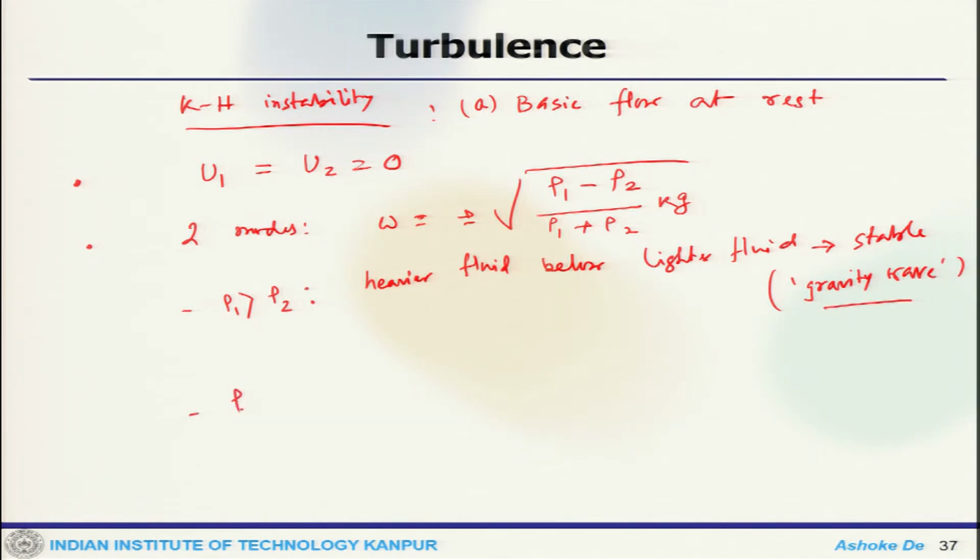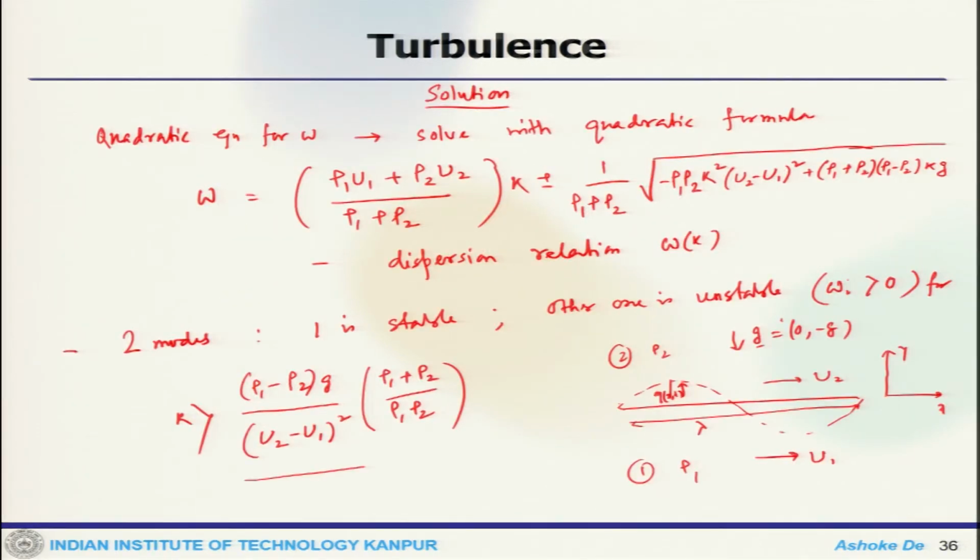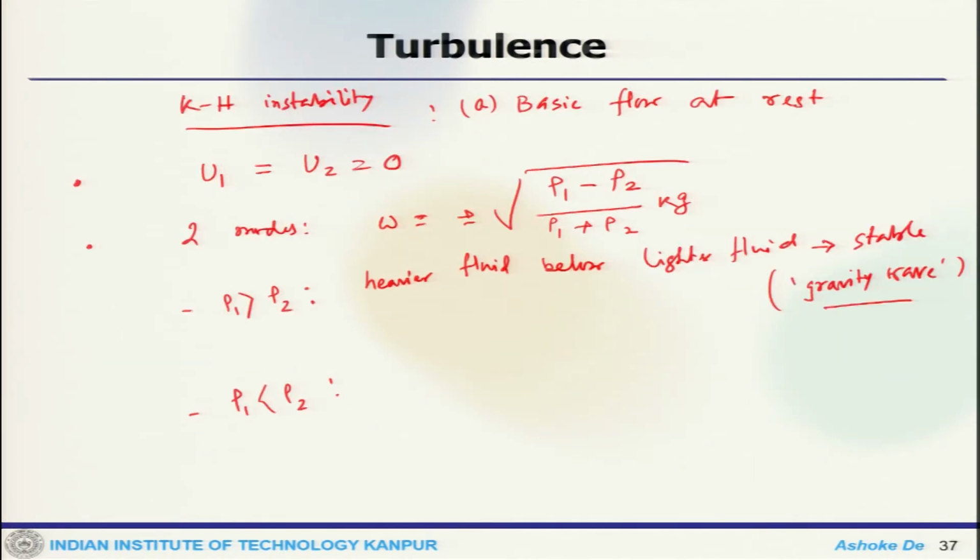The other situation is when rho 1 is less than rho 2, that means lighter fluid is at the bottom. So, this shows always unstable behavior. So, in this particular case where the basic flow is at rest, the stability and the instability region can be identified.